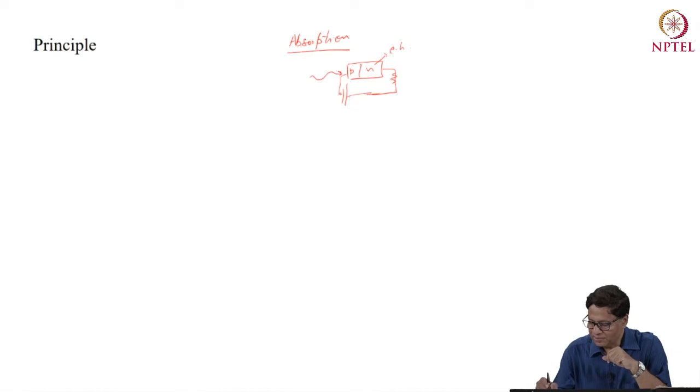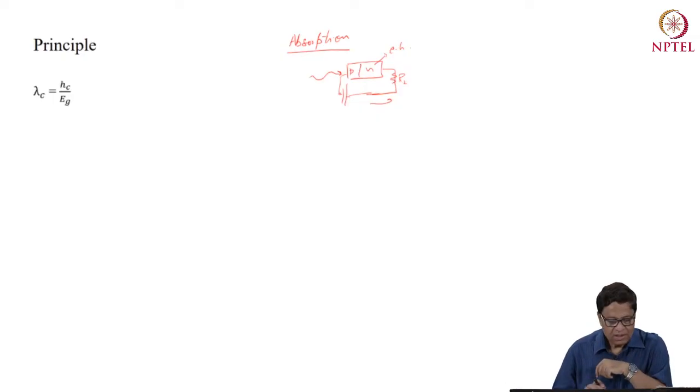You can have an RL, and a voltage can be developed across RL. So the current or the voltage across RL is proportional to the intensity of the light. That is the basic principle of a photodiode.